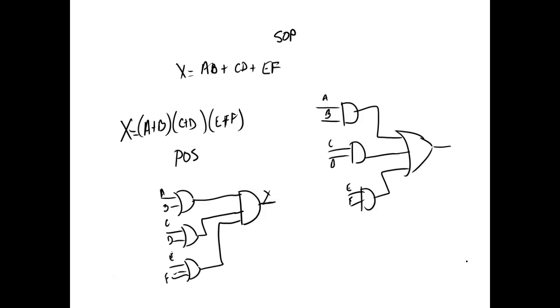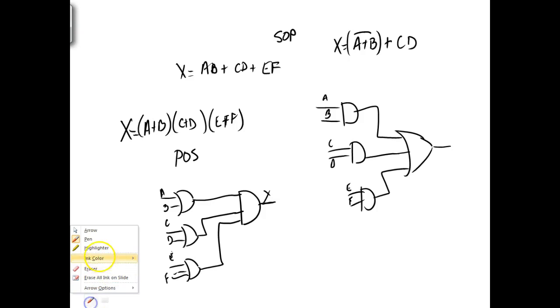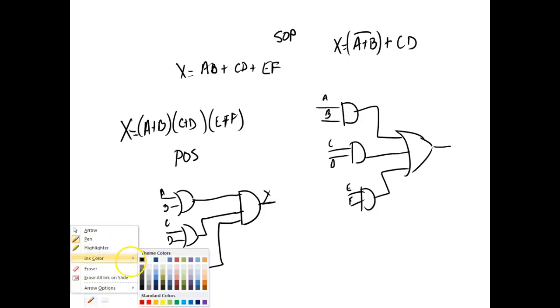Where if I've got some type of equation where X is equal to A or B, with a bar over it, or C and D, then I can say, what would the output be if I've got the equation? Then I don't need a truth table.